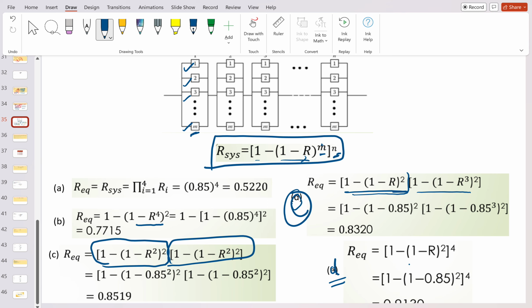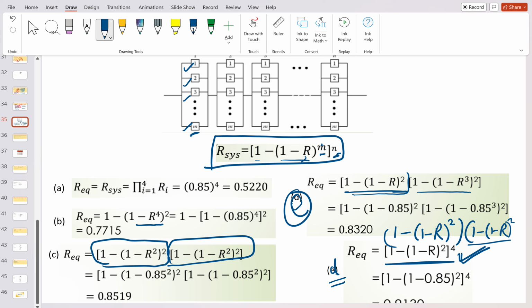So here, all systems are in series, so you just have to multiply, because two components are in parallel, and then two components are in parallel, and all the parallel sections are in series. So you just multiply 1 minus (1 minus r) squared, and again 1 minus (1 minus r) squared, four times, so you will get the power 4.